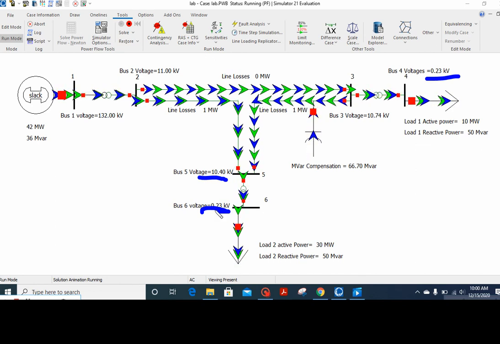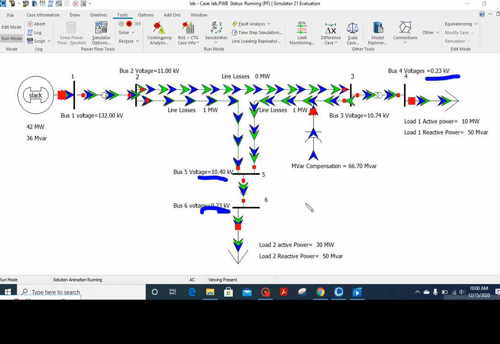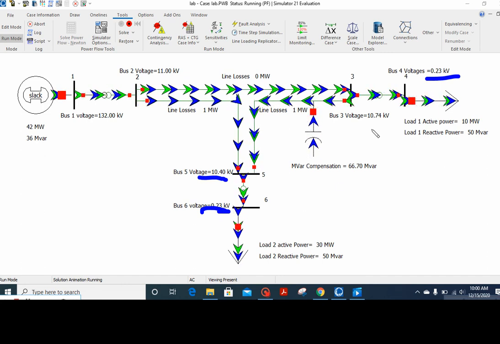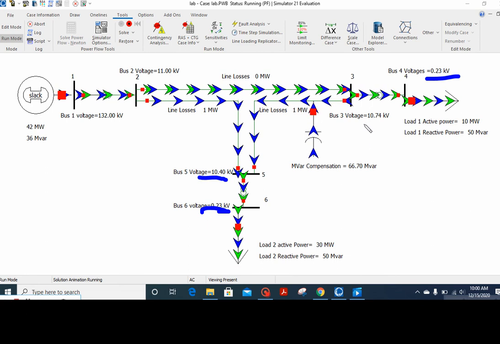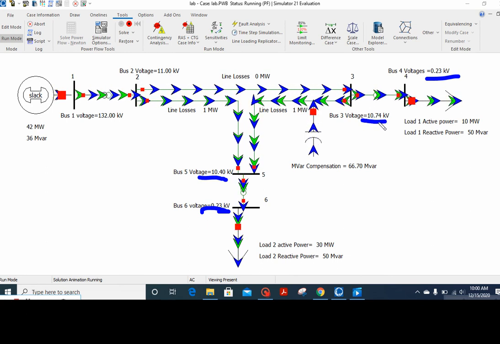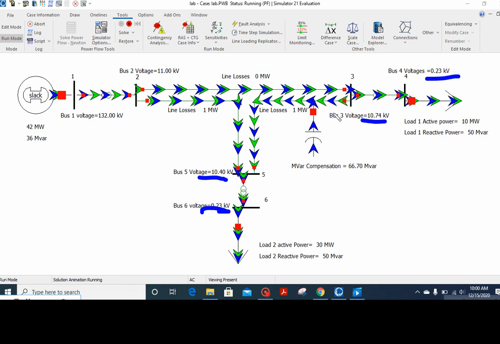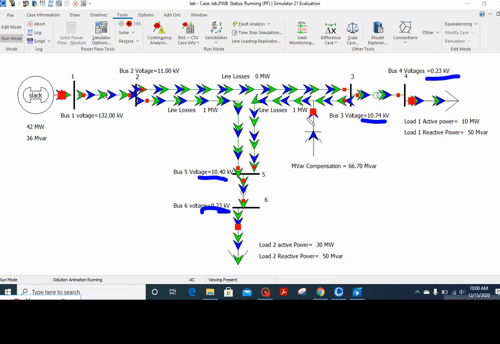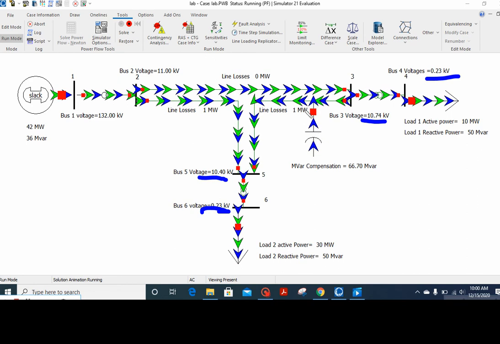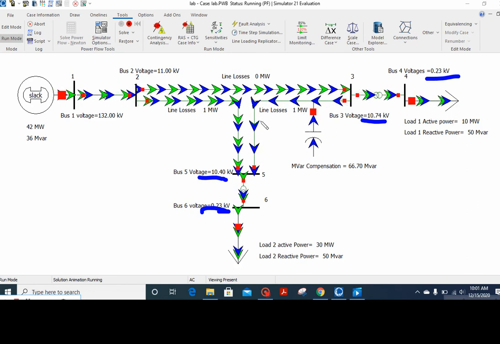Our main concern was that voltages should be 230 on the load side, and this is giving us that. Here you can also see that the voltage is improved from 10.2 to 10.74 kV. There are again some drops in the line, but these drops became less due to our reactive power compensation.